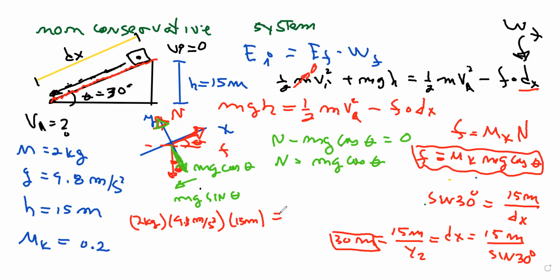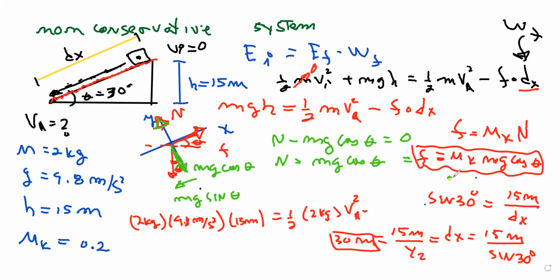And that's going to be equal to 1/2 of the mass, which is 2 kilograms. And we have velocity at point A, which is what we're looking for, minus our friction. Let's calculate our friction right here.